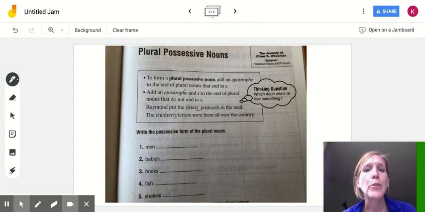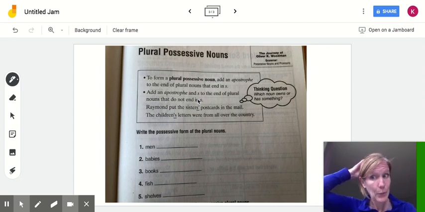So the plural form, if it already ends in an S, you add an apostrophe to the end of the plural form that ends in an S. Okay, so if it already ends in an S, all you do is add an apostrophe. If it is one of those exceptions that does not end in an S, okay, and we'll see a couple together down below, but it's still plural, you're going to add an apostrophe S, just like we did for singulars.